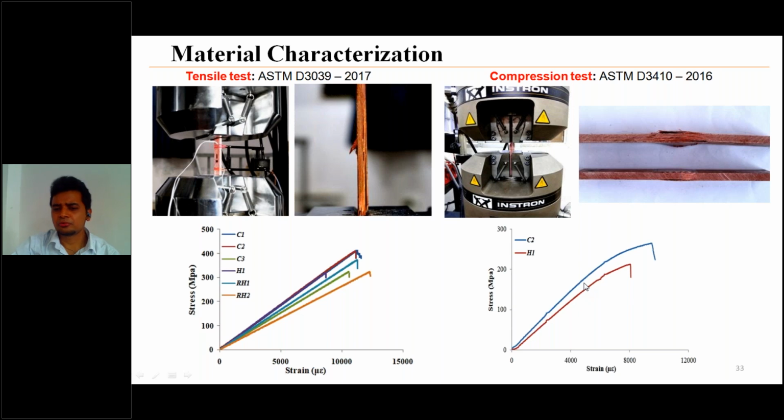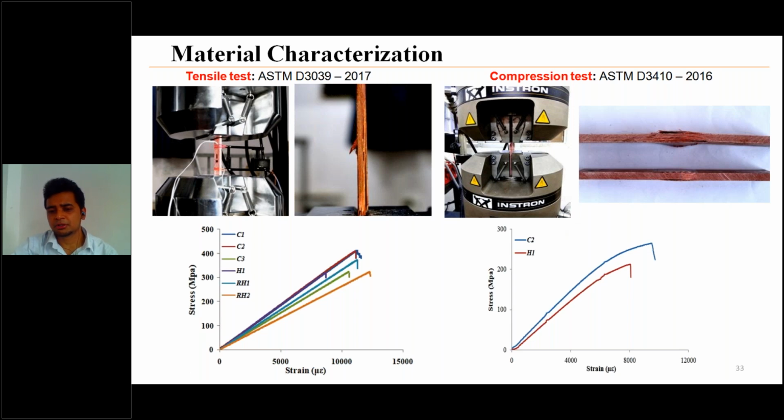This may be because when we carry out tensile tests, the fibers mainly contribute to the strength. However, in compression, the matrix also takes part in giving the strength.